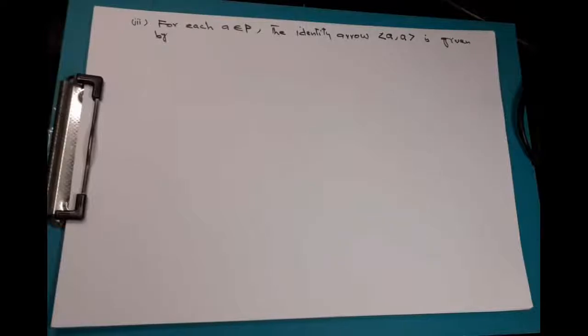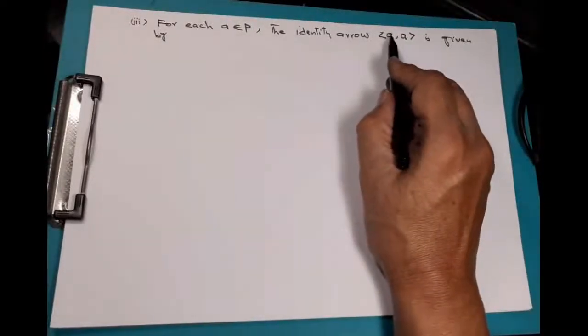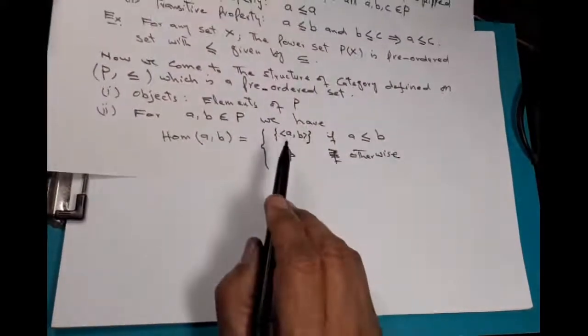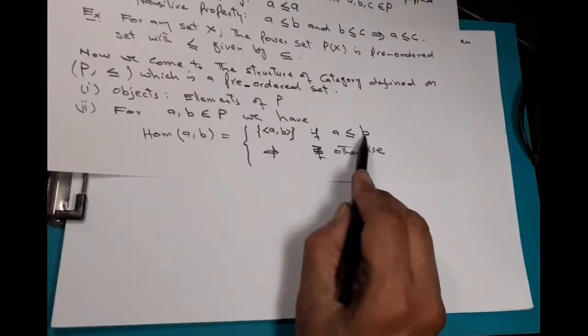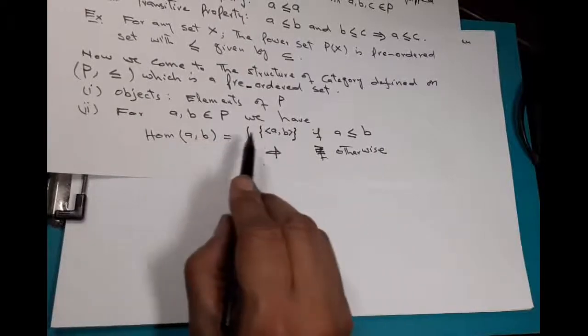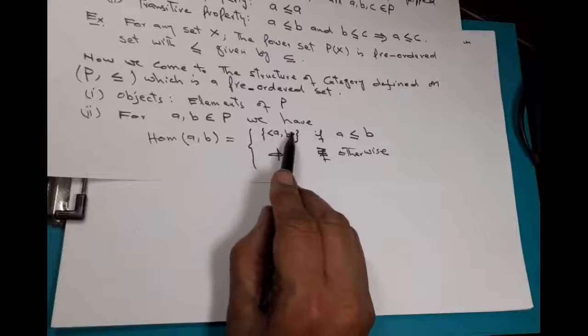So we were discussing this particular identity arrow, and recall that if A is related with B, then hom(A,B) consists of one arrow which is denoted by this particular symbol.